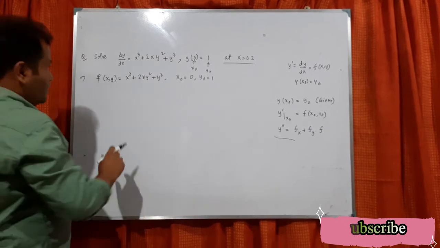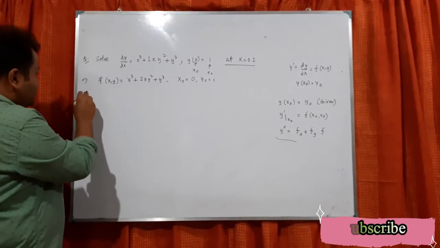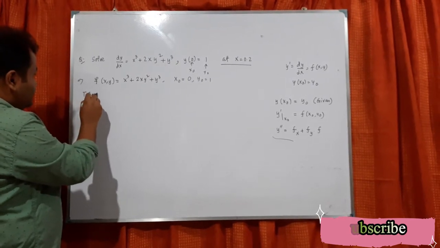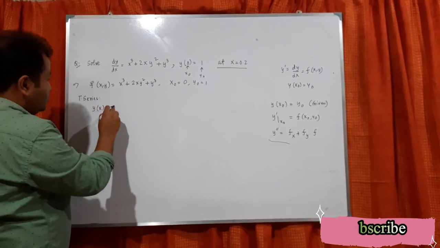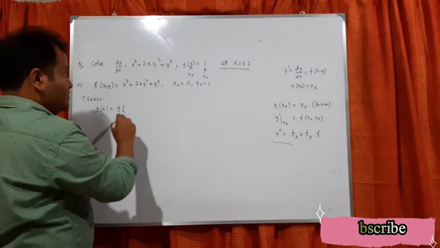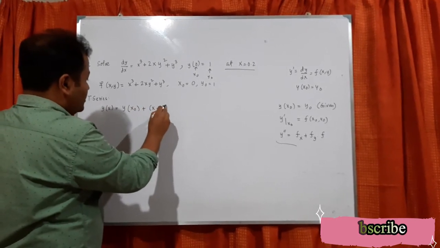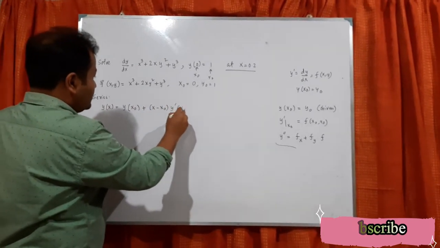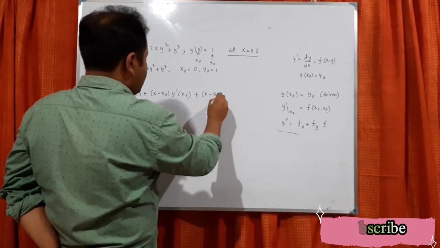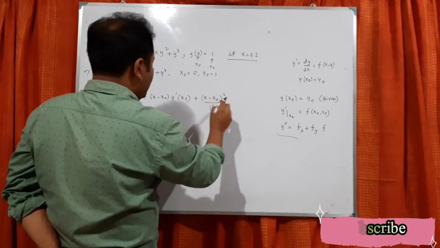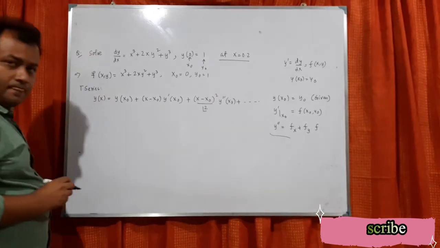Now what was the Taylor series method? According to the Taylor series method, the solution was y of x equals y of x naught plus x minus x naught times y dash of x naught plus x minus x naught square by factorial 2 times y double dash of x naught, and so many terms.